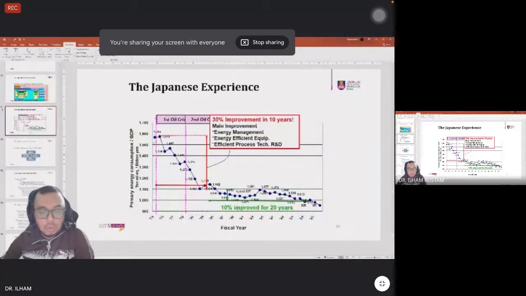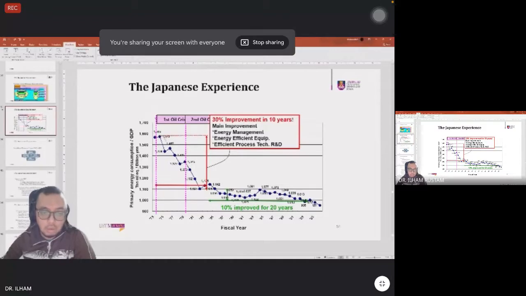So based on that energy efficient adoption in Japan, it shows that dia punya energy consumption reduce sebanyak 30%. In 73 up to 83, energy consumption based on oil drop sampai ke level, I'm not sure, was this oil equivalent per GDP lah. GDP ni government gross domestic product produce, saya tak sure.